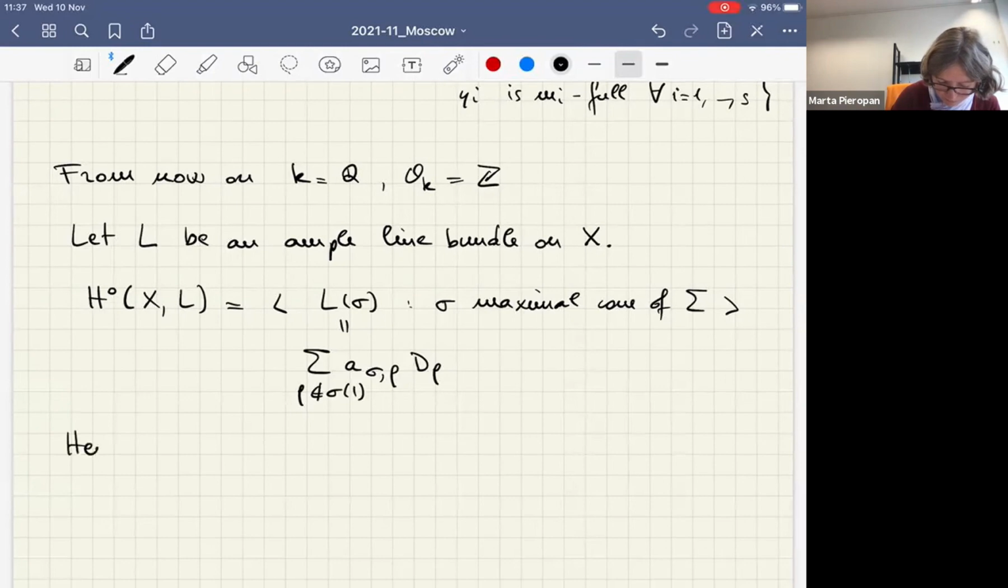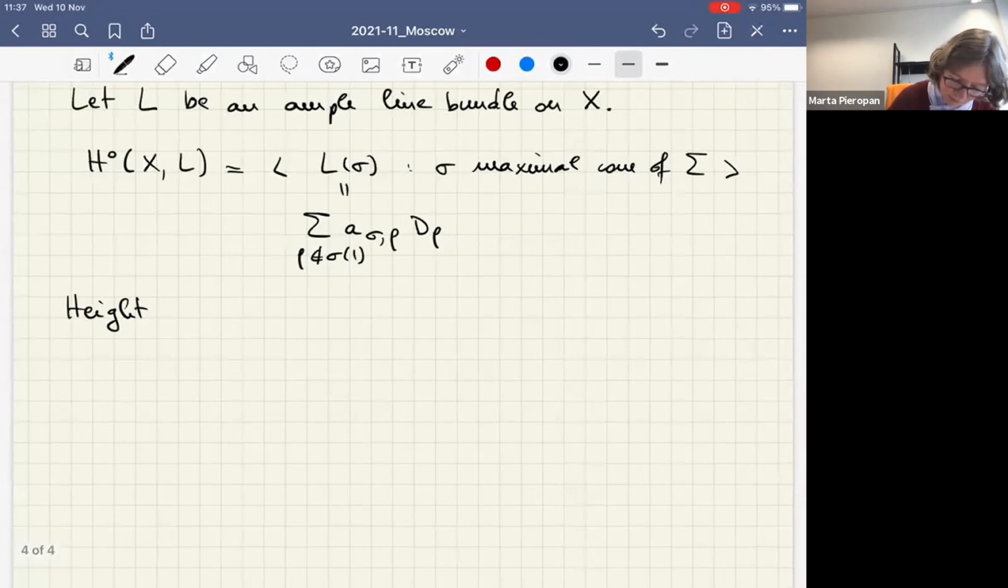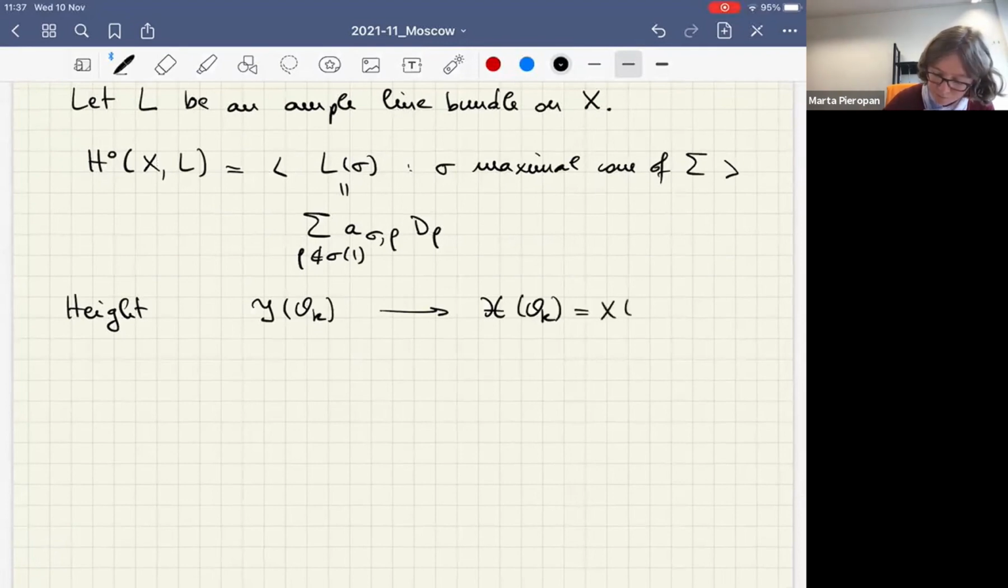So the height can be written on the torsor or on the toric variety in two ways that are compatible. On the toric variety, we just look at points, and then we get a complete linear system of the line bundle L, and we get mapped to some projective space.